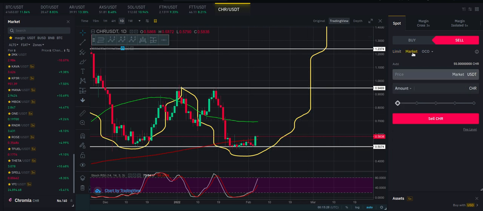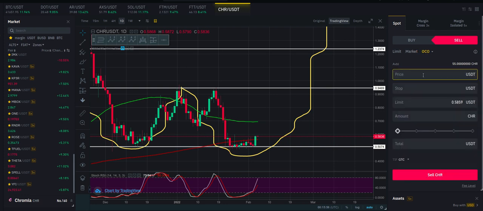If you want to sell it immediately, you just come to market and you input the value of the CHR that you bought, which is 40. If you input 40 here and click sell, it will sell at the price that it is now automatically for you.